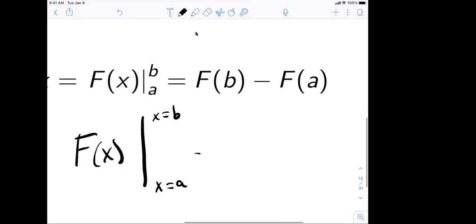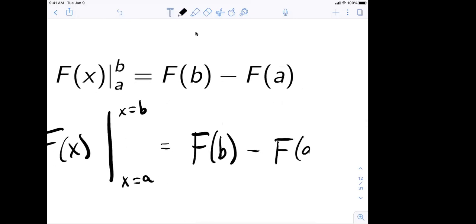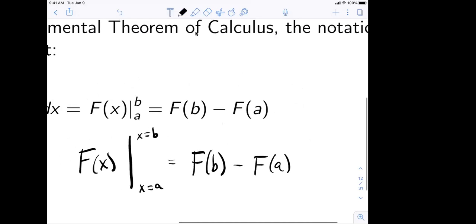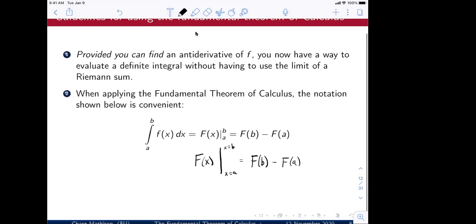Okay, this just means take F of b and subtract off F of a. That's all that means. Okay, so is there any questions about that?